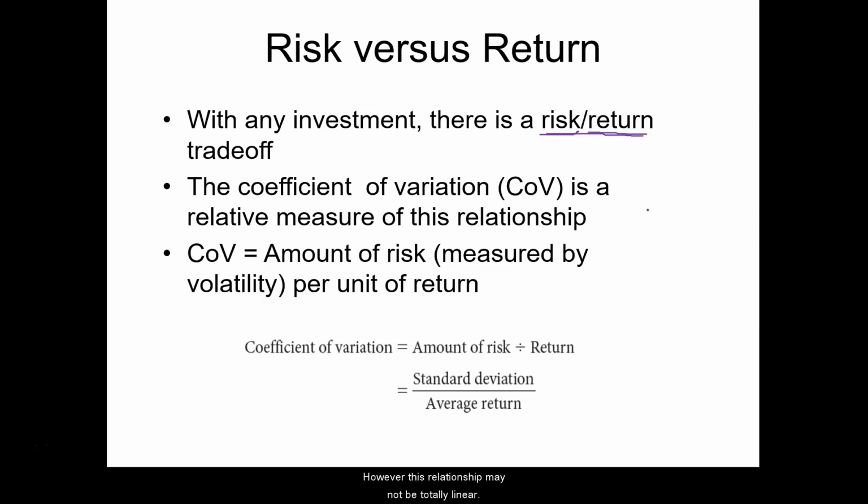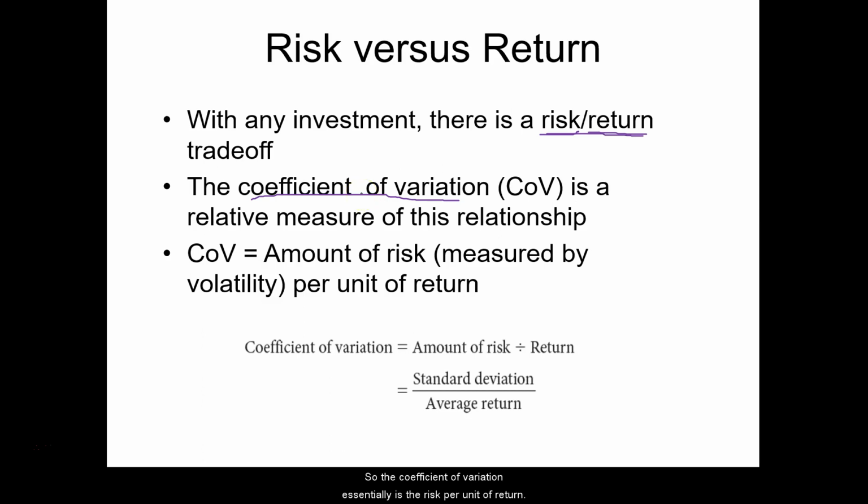However, this relationship may not be totally linear. That's why we are looking at the so-called coefficient of variation. That helps us to understand how much risk there is relative to the return from that investment.